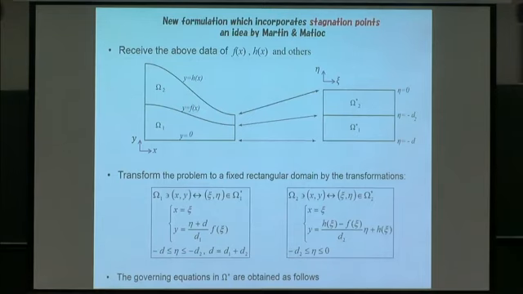Given the above data of f and h, we transform omega 1 and omega 2 to a fixed rectangular domain by these transformations. The free boundary, the interface, and the bottom correspond to these flat lines. And the governing equations are obtained as follows.